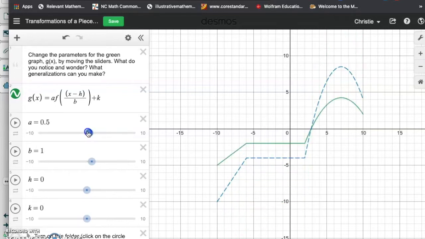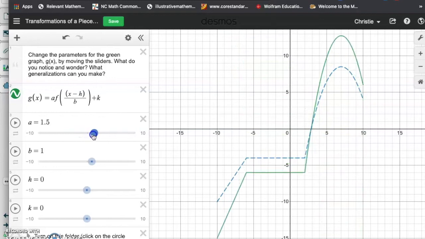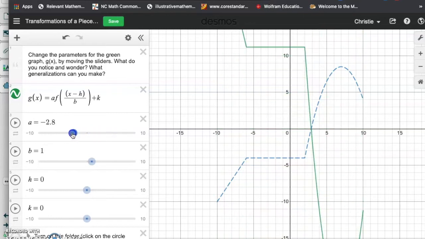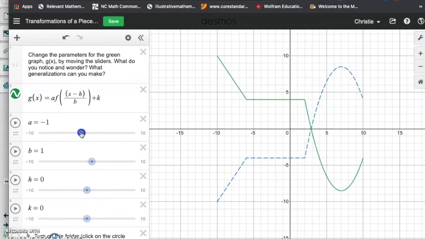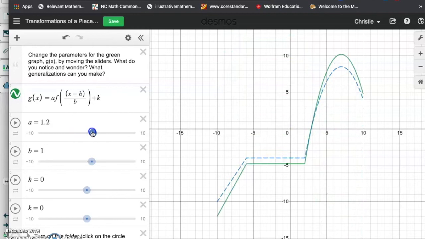So move the slider for A. It doesn't take much movement to see a big difference in the graph. What do you notice and what do you wonder? What generalizations can you make?